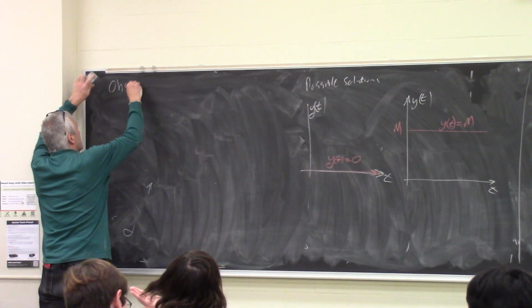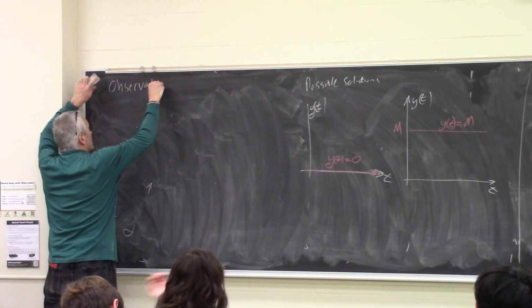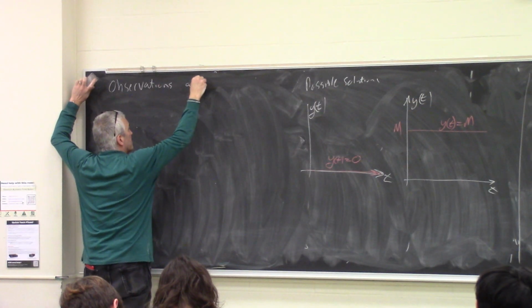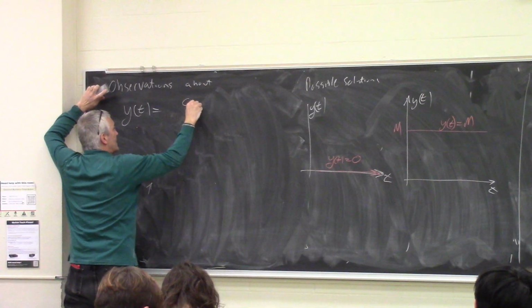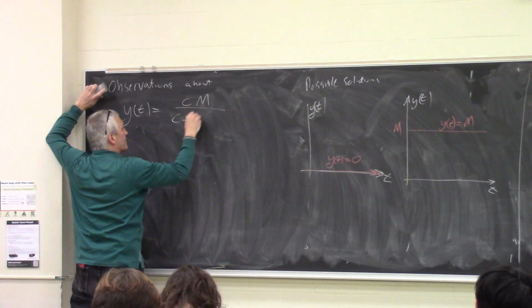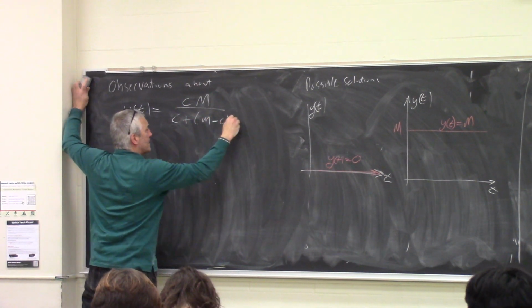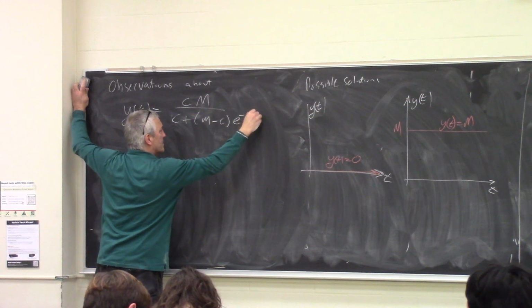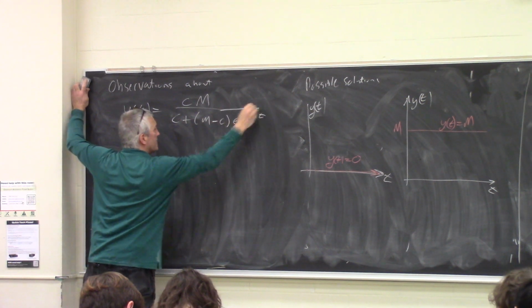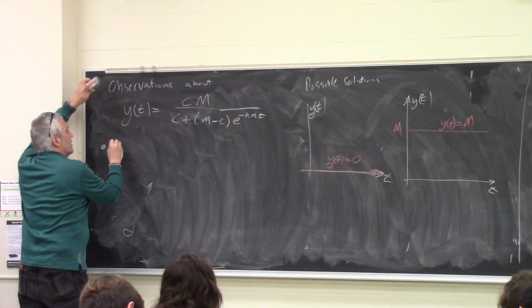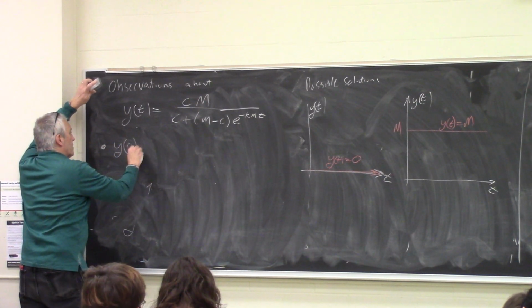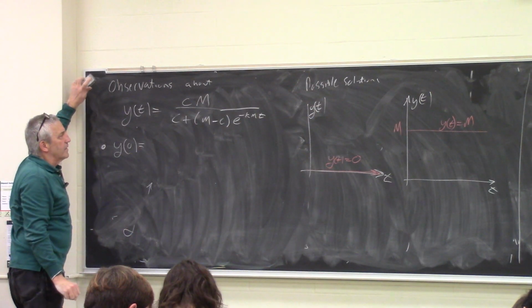So observations about y of t equals Cm over C plus m minus C e to the minus kmt. So the first observation is y of 0. Well, let's plug 0 into that.